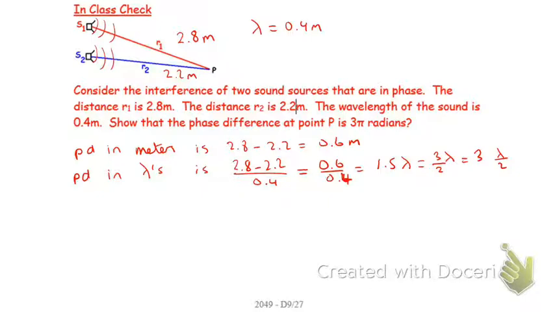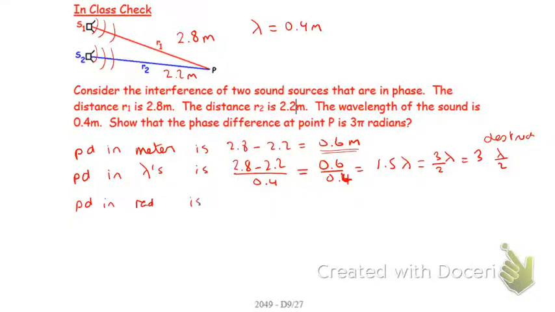So I worked out my path difference, and I wondered how many wavelengths that represents. Divide the path difference by the length of a wavelength, and you get 1.5 wavelengths, which is 3 half wavelengths, which is destructive. So I've decided it's destructive already. If I want, I can talk about this in terms of my path difference in radians.